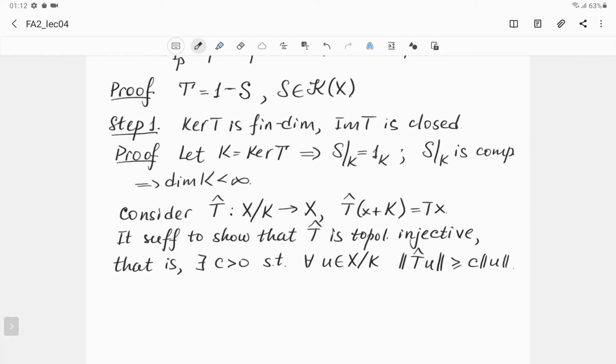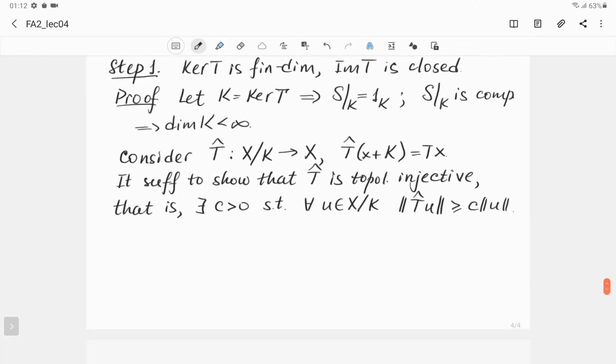So in other words, if we write this in terms of T, this means that the norm of T applied to x is greater than or equal to C times the norm of x plus K, for each x in our space.